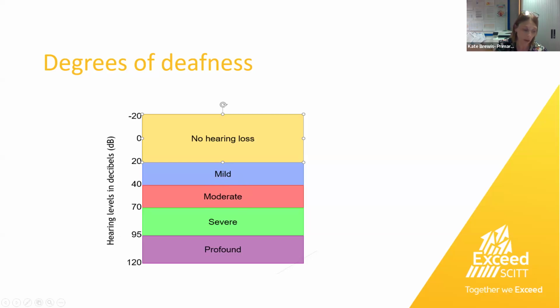They still could be cochlear implanted, they still could be hearing aid users, but their hearing loss isn't as great as the children down here. And we're going to have a look at what that means in terms of decibels so that you've got a clearer understanding of that.